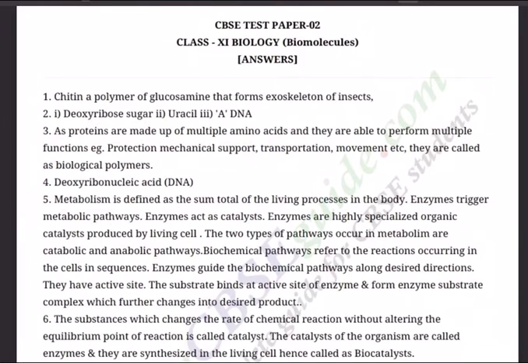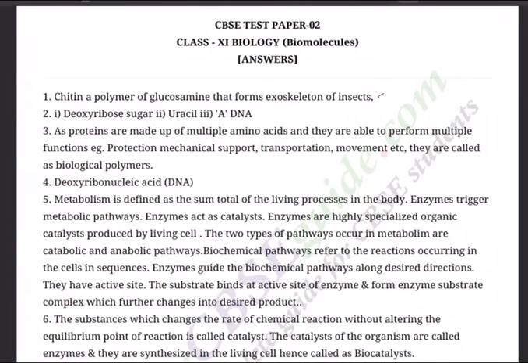Question 1, chitin, a polymer of glucosamine that forms the exoskeleton of insects. Chitin, very tough exoskeleton. And question 2, 1, deoxyribose sugar. As we said, 1 oxygen atom is removed, so deoxy. Basically it is ribose sugar, a pentose. Second is uracil, the difference between DNA and RNA.